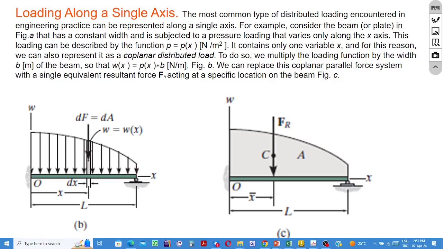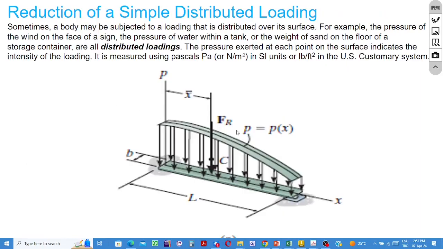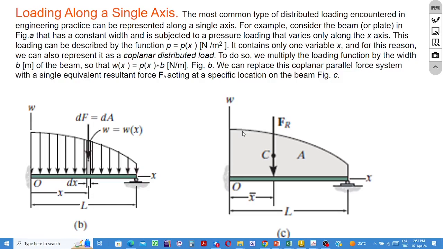The most common type of distributed loading encountered in engineering practice can be represented along a single axis. For example, consider the beam or plate in figure A. Here is figure A. It has a constant width and is subjected to a pressure loading that varies only along the x-axis.